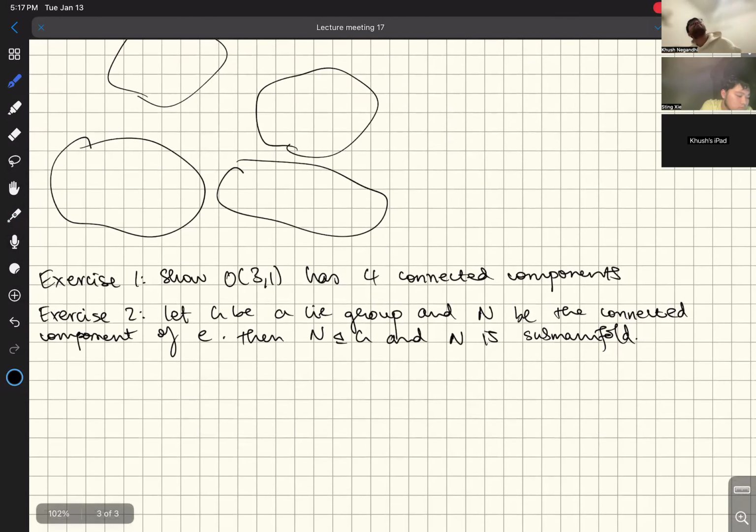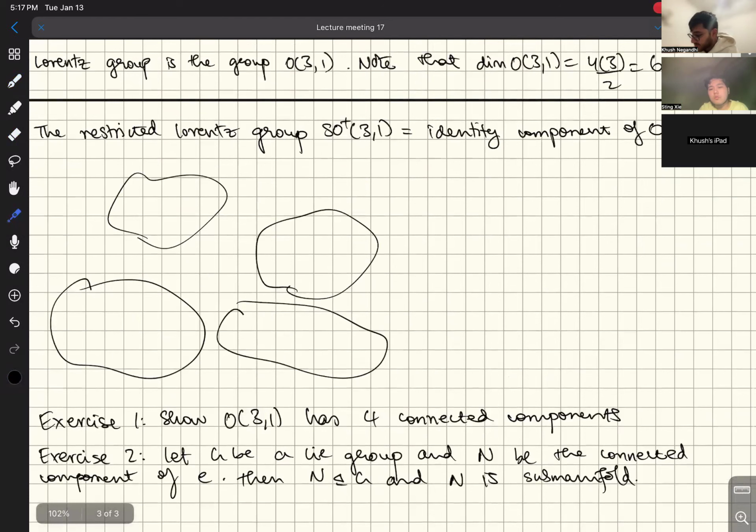So the fundamental group of the special orthogonal groups in R^n gives rise to spin groups. Similarly, the fundamental group of this thing also gives rise to spin groups of signature (3,1). Actually, signature (1,n-1), I guess it would be.